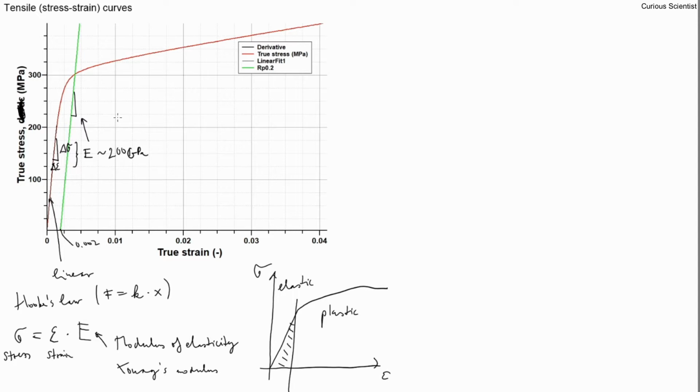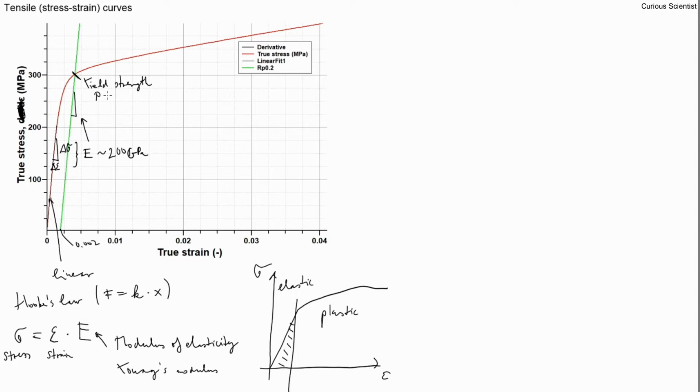This is basically used in engineering fields, and the point where the green line intersects the red line, the tensile curve, is often called the yield strength, but this is maybe not the best or most precise.